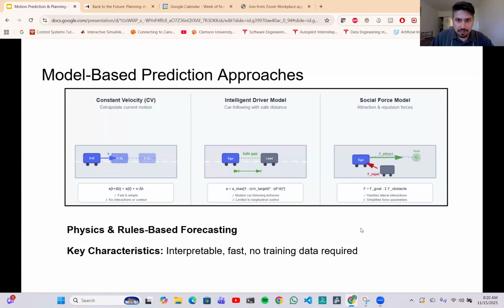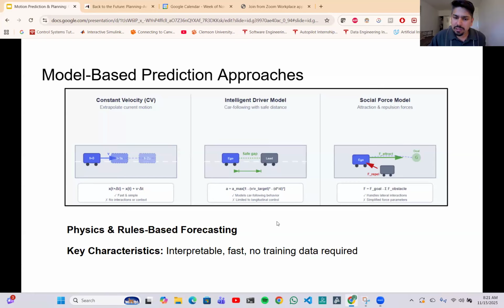The key benefits are they are highly interpretable. You know the physics. They're very fast to compute, and you don't require a lot of training data for these kinds of models. Some of the downsides are they might not correlate exactly with how real-world data is. The real world is inherently messy and sometimes does not follow many rules. So that is to take into account the messiness of the world, the uncertainty.